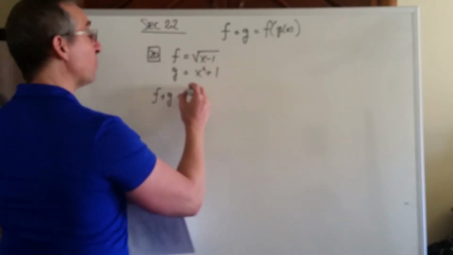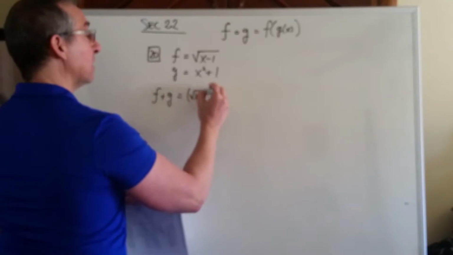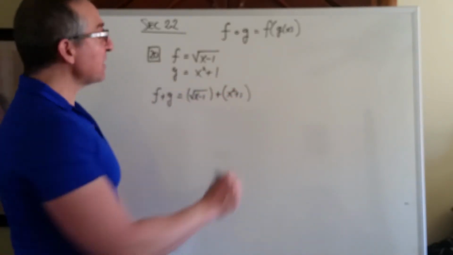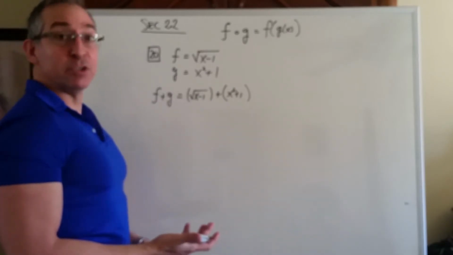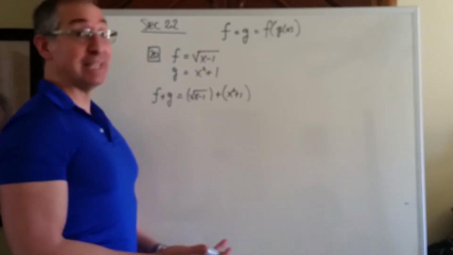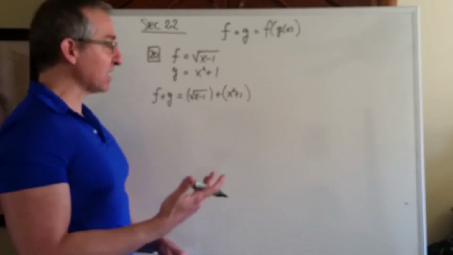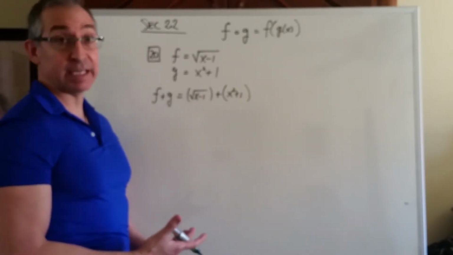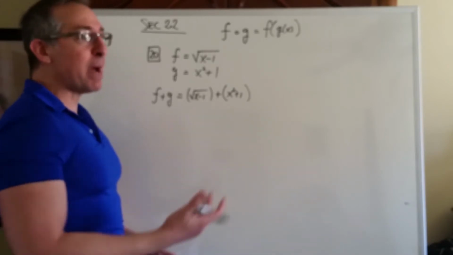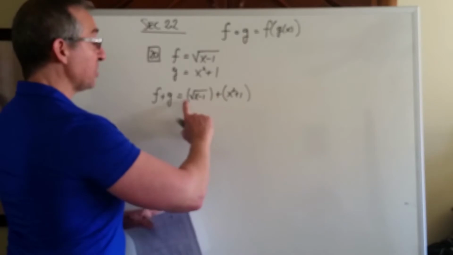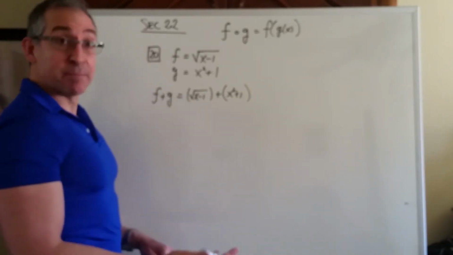Replace f with the square root of x minus 1 and g with just x squared plus 1. Kids, also notice how I use parentheses to denote those substitutions. Remember back from our pre-algebra days, it's good form to use parentheses anytime you're going to substitute one thing for another. If anything, when you go back and look at it later, you know what you were thinking. Now, there's nothing in front of the parentheses, so I can drop those.